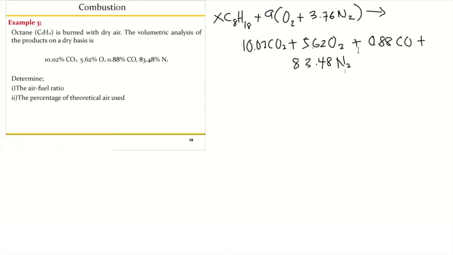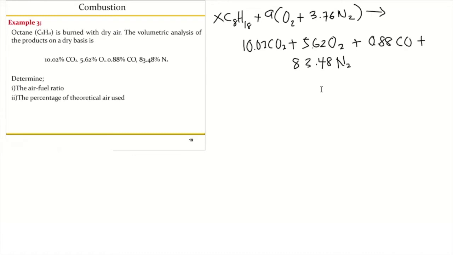If we add up 10.02, 5.62, 0.88, and 83.48, it's actually 100%. We don't know the exact value, but we know it in terms of percentage. So the product is 100%, which is on a dry basis.